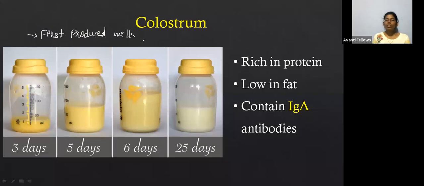This colostrum is rich in proteins and low in fat, and it also contains antibodies called IgA. These antibodies give passive immunity to the baby.